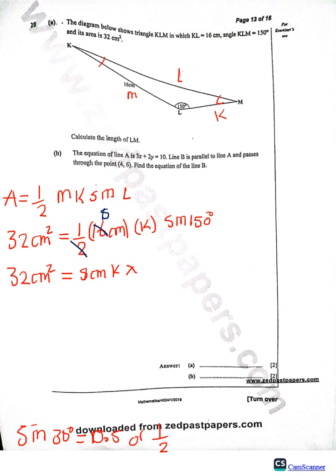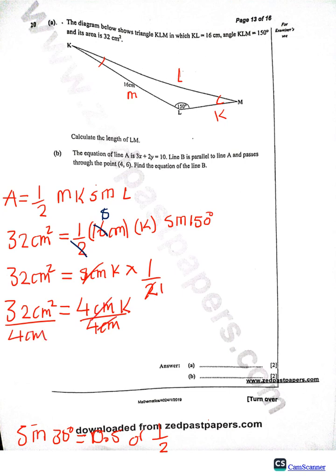So this is what we are going to do. Where there is the sine 30, we can put half. Sine 150 is half. So we can still reduce: 32 centimeters squared is equal to 2 here is 1, 2 here is 4. 4 centimeters times K is 4 centimeters K. We divide by 4 centimeters, also here by 4 centimeters.